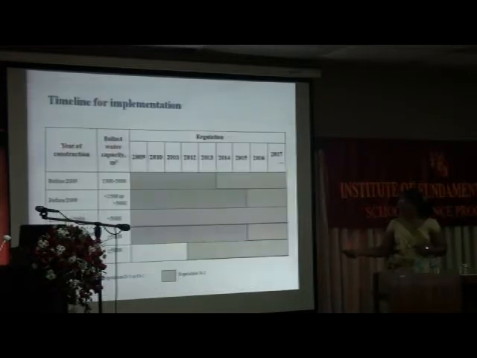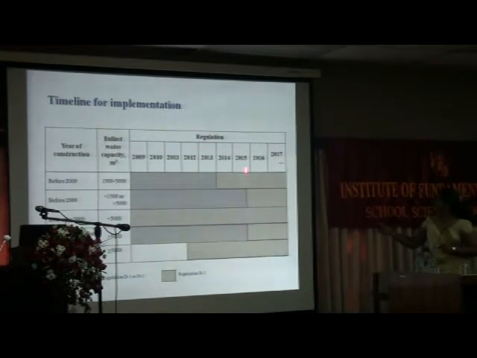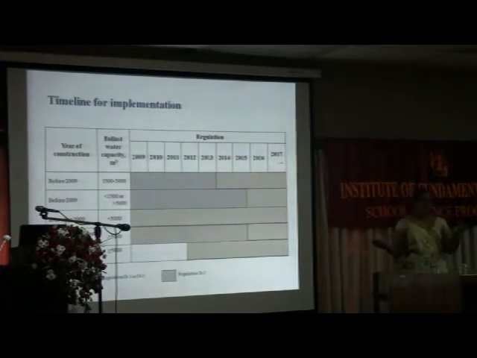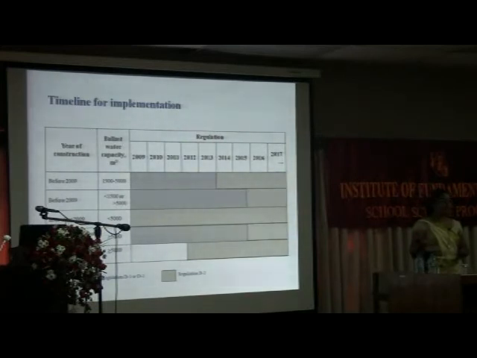Okay, and the timeline for implementation after 2016, you have no choice. You have to go and practice one of the treatment methods. So how many years more? Almost 4 years, right? 2011, this is the end. So after 4 years, you have to fix a treatment system to your ship.